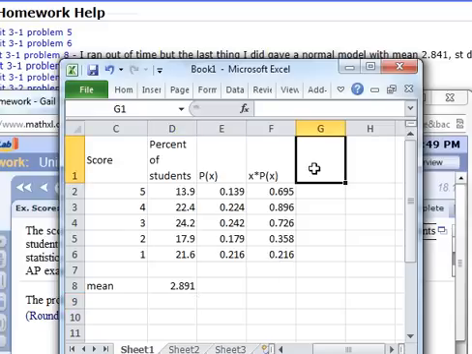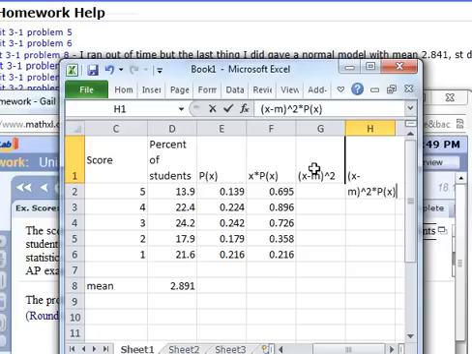So to get the standard deviation, we're going to do x minus the mean and square it. That's just your deviation. And then we're going to take that and multiply it by the probability. So you're going to do (x minus the mean) squared times the probability of x as your last column.